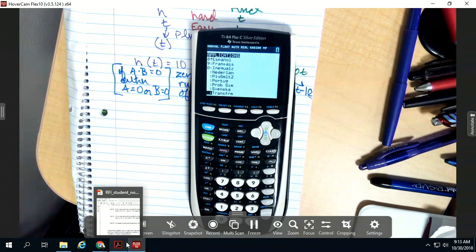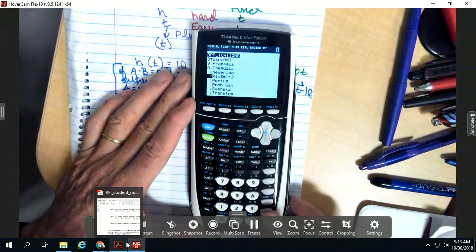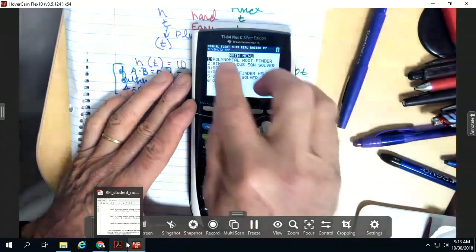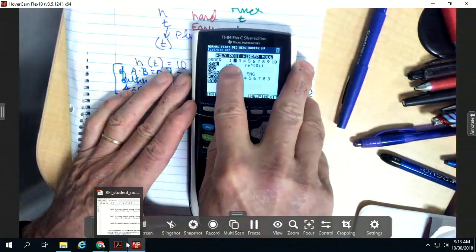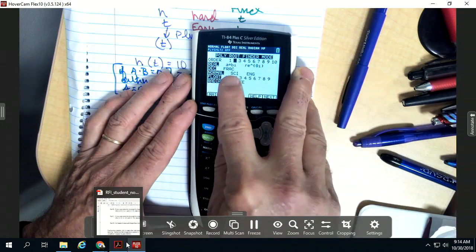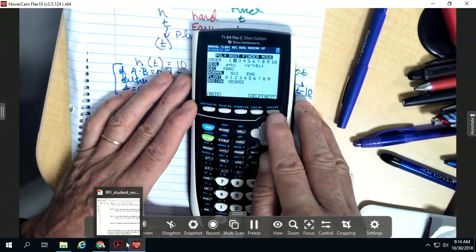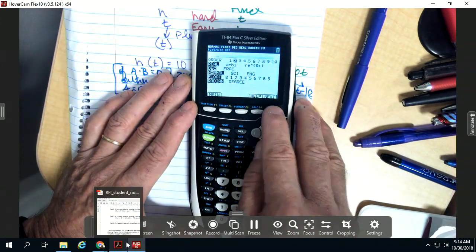Okay, so I'm going to go to PolySimul 2, and then I'm going to press a key, Polynomial Root Finder. It's a second order, real number, decimal notation, normal, floating, radian, and then over here I'm going to click the button above next.